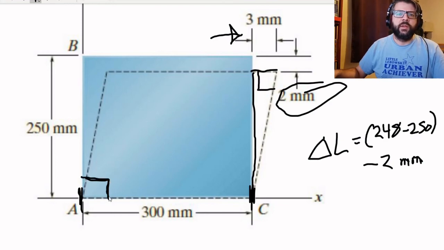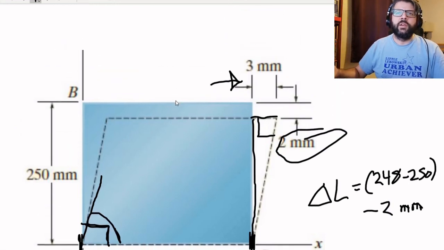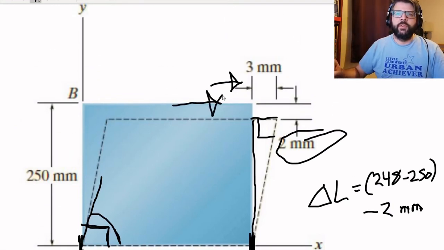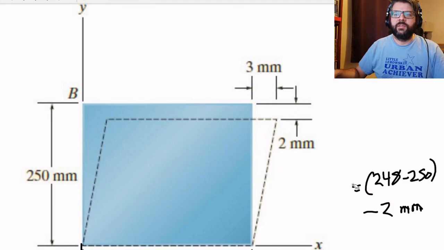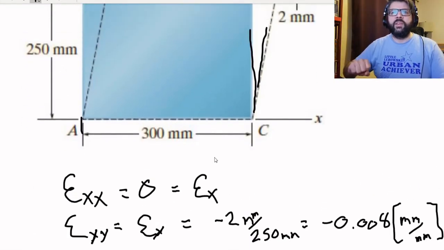So we started out here, and we are moving over. We started out with this, and now we're left with this, so that gets smaller. Or alternatively, this type of distortion can only happen with a positive X force applied on the front face of the Y, on the front Y face. So it's a positive shear stress being induced, which means that this is a positive shear. So anyways, it's a positive shear.